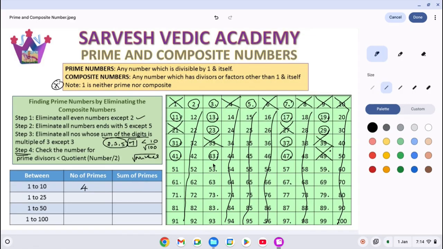Then we can check the sum of the digits. 51 is not a prime number, 53 is a prime number, and 57 is not a prime number, 59 is a prime number, 61 is a prime number, 63, 6 plus 3 which is 9, is not a prime number, 67 is a prime number, 69 is not a prime number, 71 is a prime number, 73 is a prime number, 77 is a multiple of 7, so we can eliminate this as a composite number. 79 is a prime number, 81 we can eliminate, 83 is a prime number, and 87 we can eliminate.